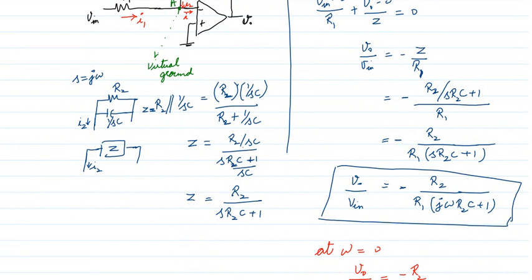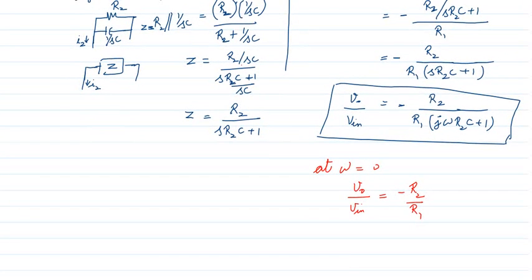Now we'll find a solution for the problem of the ordinary integrator. I am replacing S now with j omega. If I put omega as 0, what is the meaning? That is a DC input. This becomes 0, 0 plus 1 is 1.